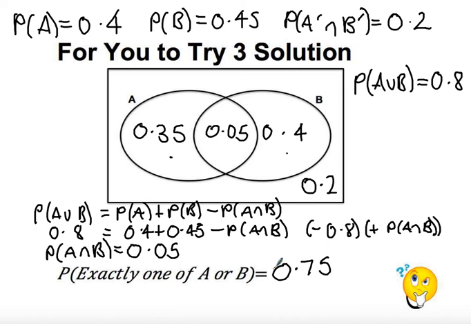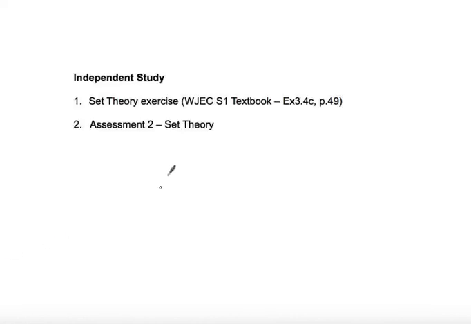Okay. Well, I hope it all made sense as to what a Venn diagram is and how we use a Venn diagram and all this notation. From this point, have a go at the set theory exercise I have sent you, and then once you've had a go with that set theory exercise and you understand it, have a go at assessment 2, which I've also sent you.